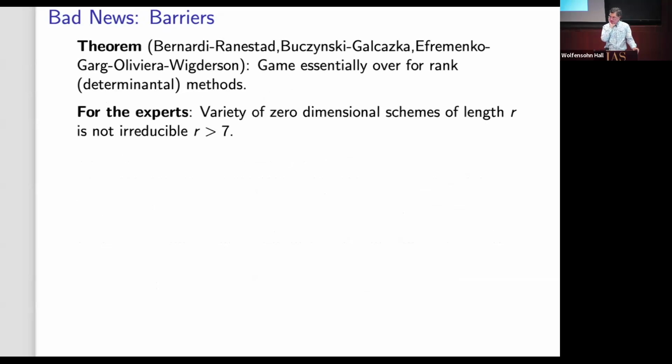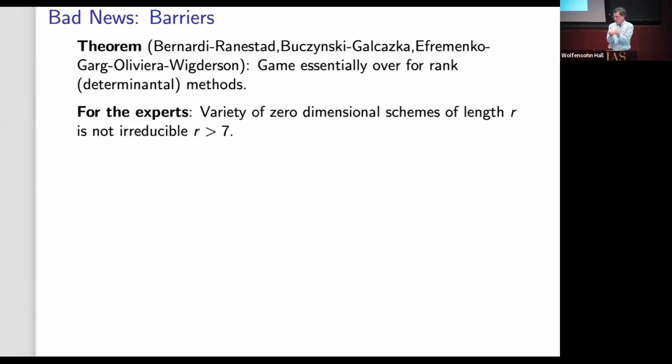So if you know some algebraic geometry, if you look inside the Hilbert scheme of points, and you have a small number of points, every element of the Hilbert scheme is a limit of 7 distinct points, or 6 distinct points, I guess, or 7, yeah, up to 7 points.